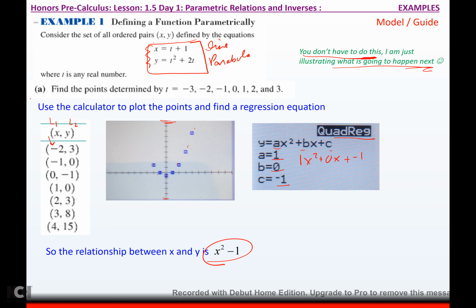Again, we don't have to do that for A. I'm just doing it to show you what we're going to do next. What we just did was we eliminated the parameter. Notice that there's no more t in my parametric equation.